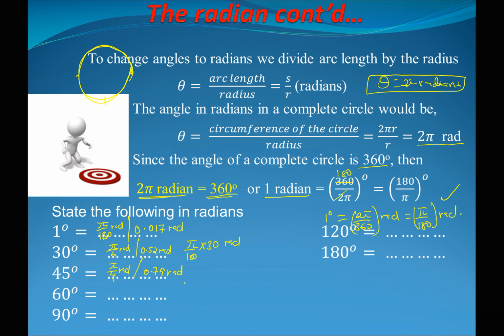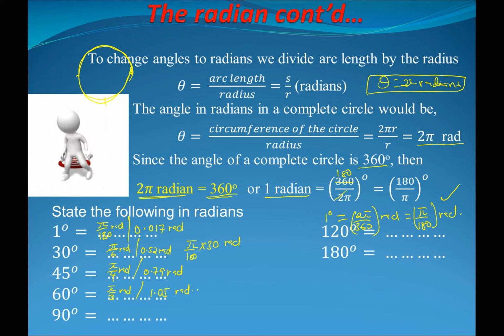Then 60 degrees is going to be 60 divided by 180. I think that is a third. So that will be pi over 3 in radians, or pi divided by 3. This is 1.05 radians.